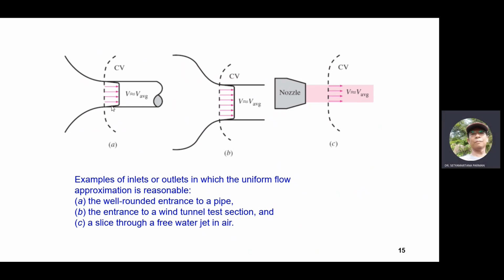Although the velocity actually varies near the wall, we can assume the whole velocity here equals the average velocity, either in the well-rounded entrance to a pipe, the entrance to a wind tunnel section, or a slice through a free water jet in air.